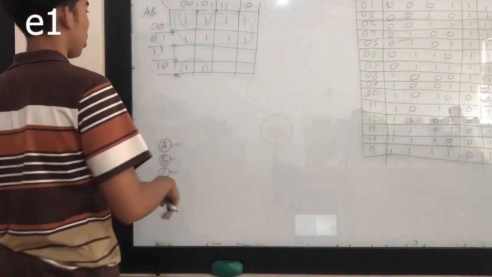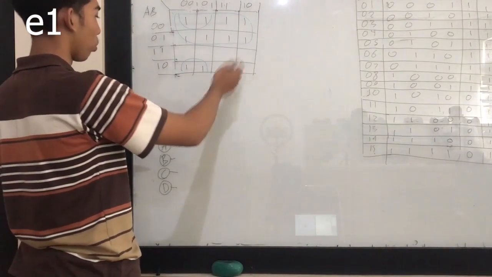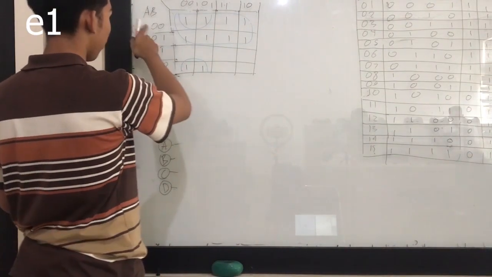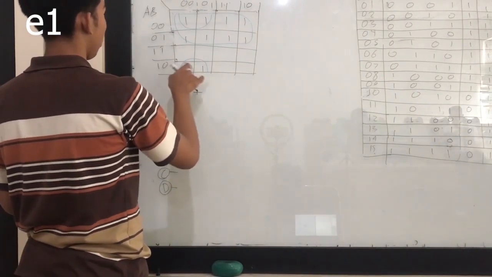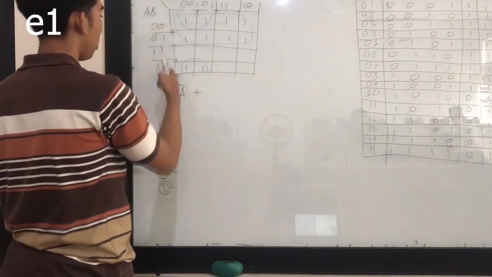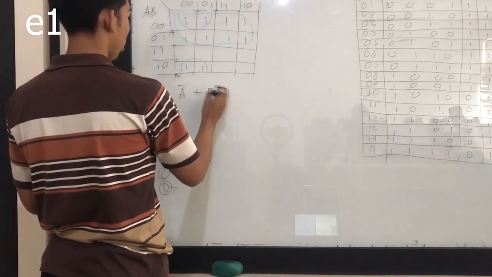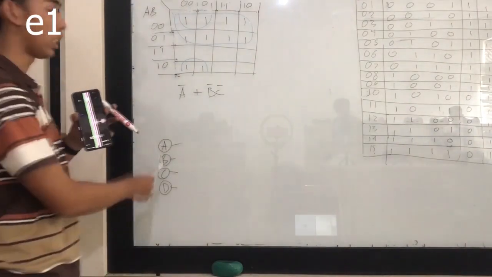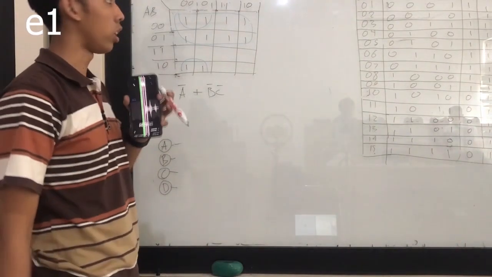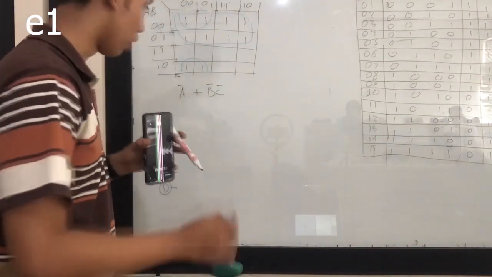Okay, now let's put these two groups into an expression. So A not plus this: A is changing, B is not, and C is not, so BC. Well, it's the same as the A1 and D1. So let's now just draw the circuit design anyway.